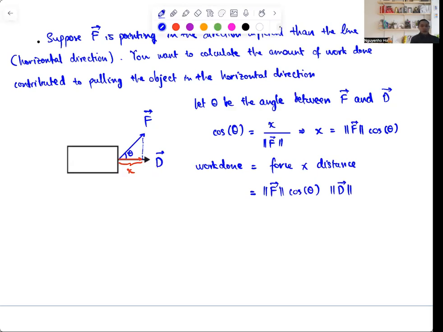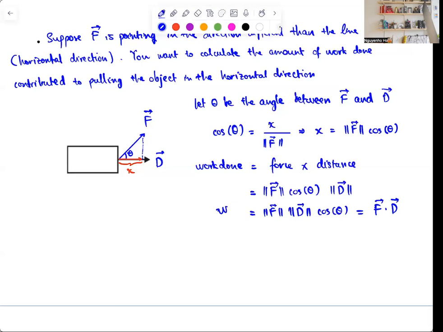If you rearrange the formula, you let work done equal capital W. You get the magnitude of F times the magnitude of D times cosine of theta. And this is equal to the dot product of F and D, or F dot D. So this is another application of the dot product in calculating the work done in moving an object from one position to another position.